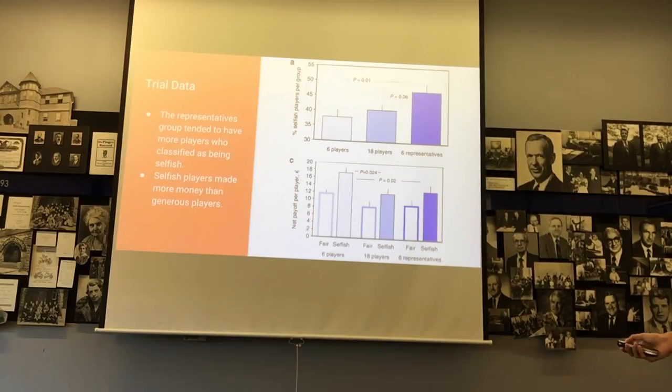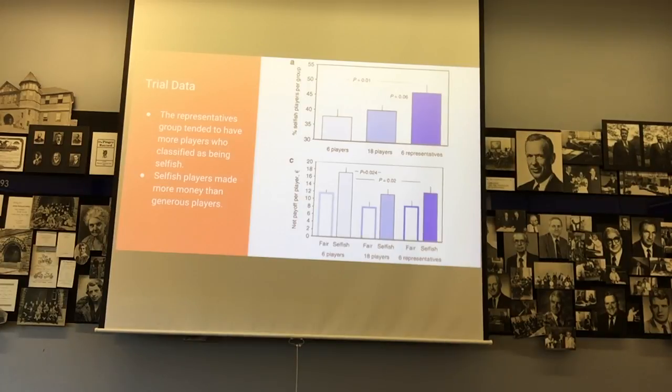So in the 6 players, the selfish players made the most money, whereas the generous players, the fair players, made considerably less money. And the 18 players and the 6 representatives group each made about the same between them.